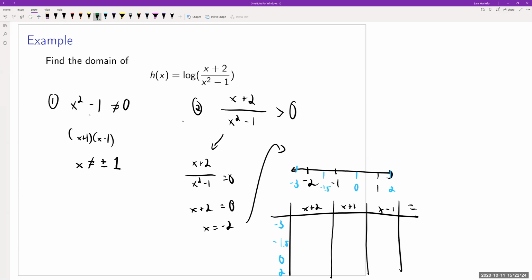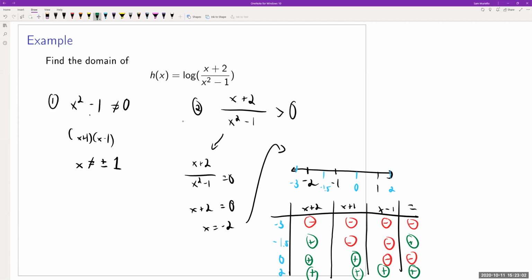So for these, this will end up being negative, negative, negative to make negative overall. The -1.5 will be positive here, and then negative. 0 ends up being positive twice, but negative for the third one, so negative overall. And 2 is simply positive everywhere.